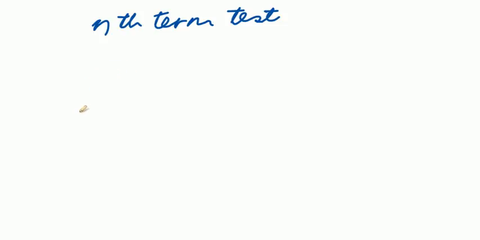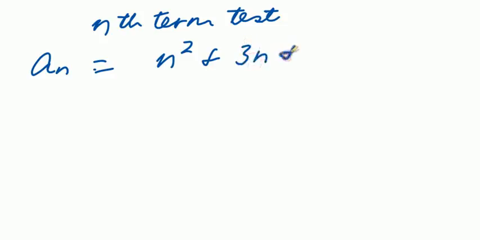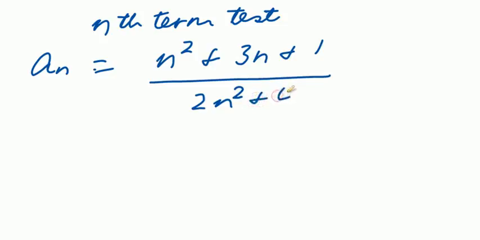Suppose we have a series whose nth term an is given by n square plus 3n plus 1 upon 2n square plus 4.